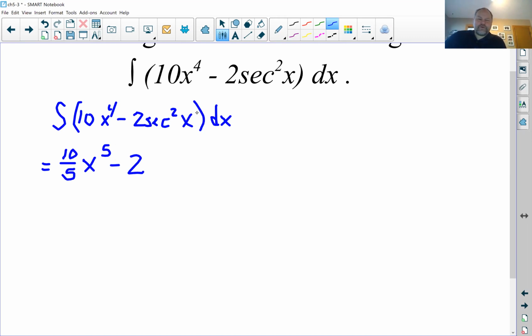And then what function had its derivative as secant squared? Tangent, yes, tangent.